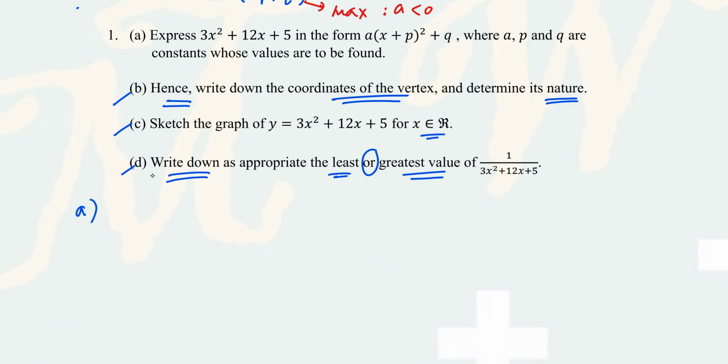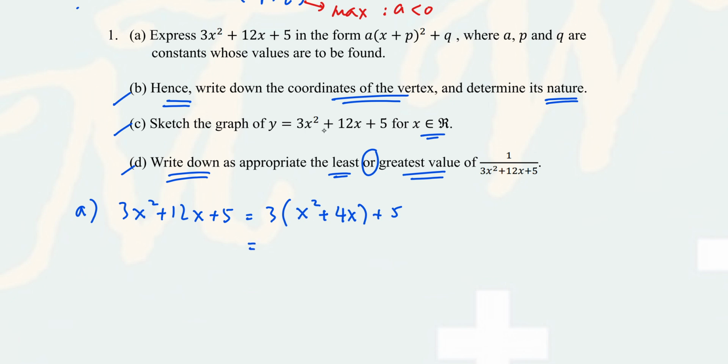So firstly, complete the square form. Okay, so we need to perform the completing the square method. What to do is make sure the coefficient for x squared is 1. So you have to factorize a 3. Therefore, this is going to be x squared plus 4x, then plus 5.